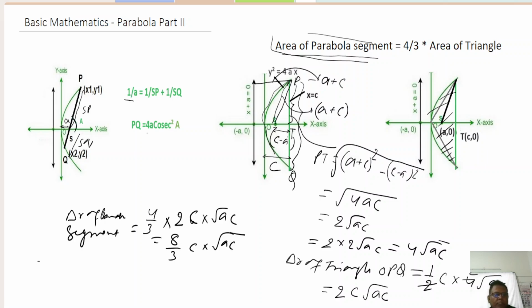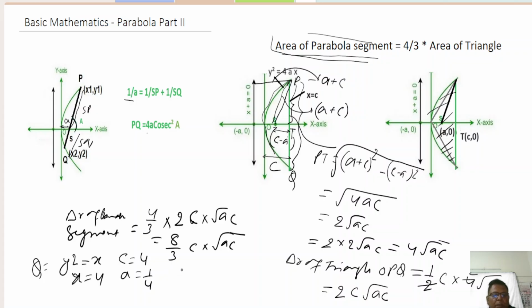Now a question. Suppose y square is equal to x, and the parabola is surrounded by the line x is equal to 4. Then c is equal to 4, a is equal to 1 by 4.